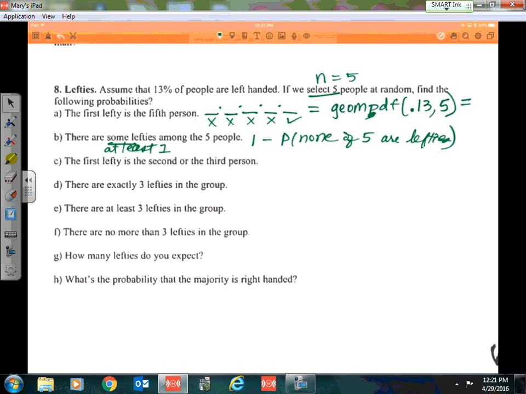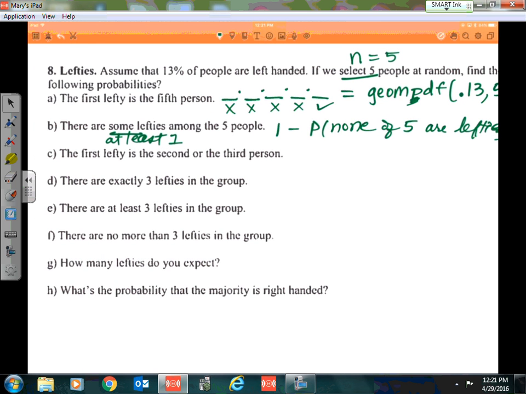All right. Next, the first lefty is the second or the third person. This gets lost with people. I get people wanting to just place the success in the second and the third spot. But there are actually 2 things here that we add together. We add the success in the second spot plus the success in the third spot.